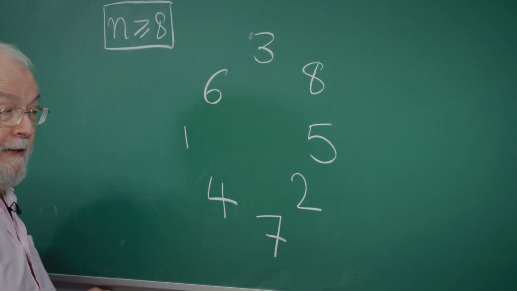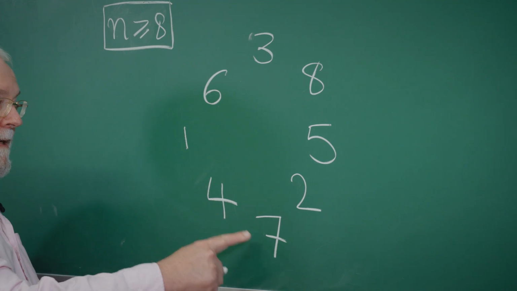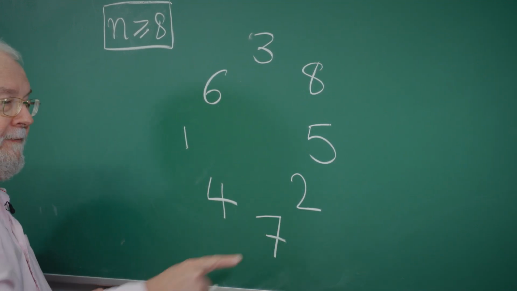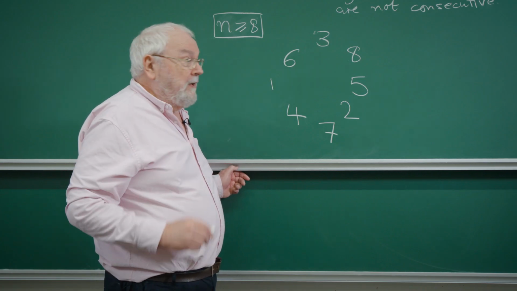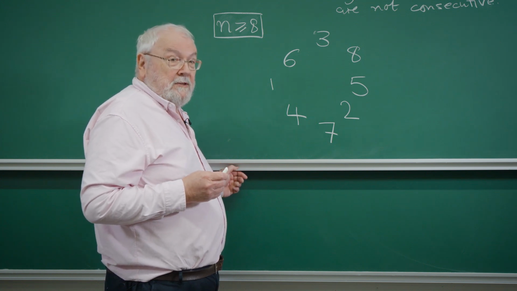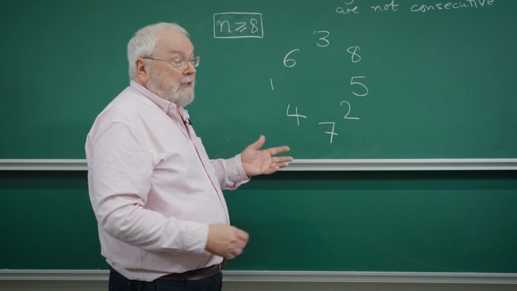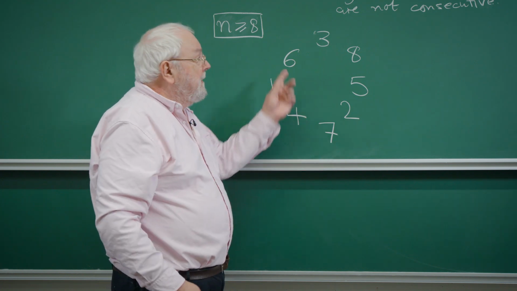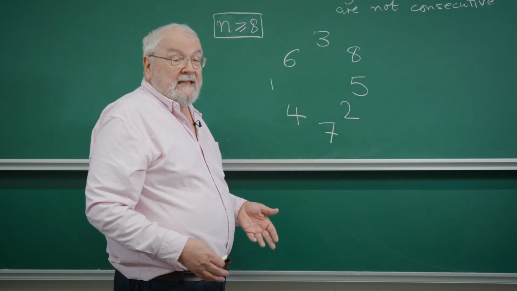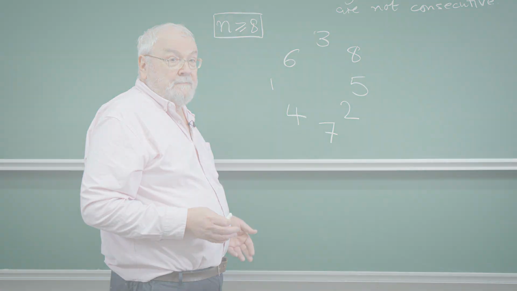Yes. Are these of opposite parity? Yes. And are these numbers here differing by 1? No, they're not. Everything's fine. So we've got an example of an arrangement. And we could get another arrangement by reflecting the thing, exchanging 6 and 8. But otherwise, everything was forced.